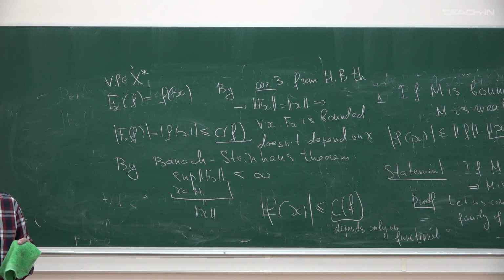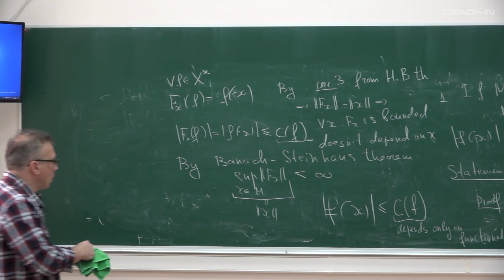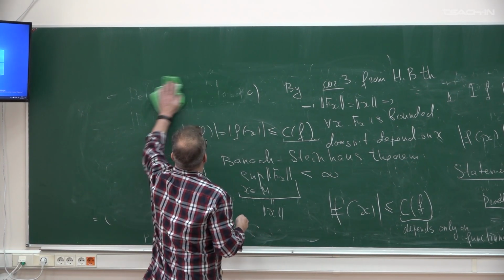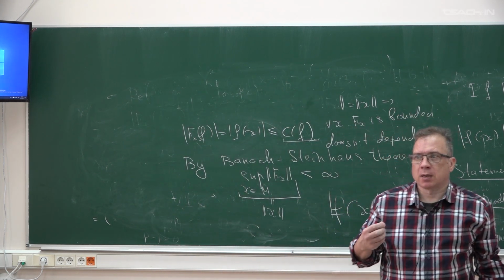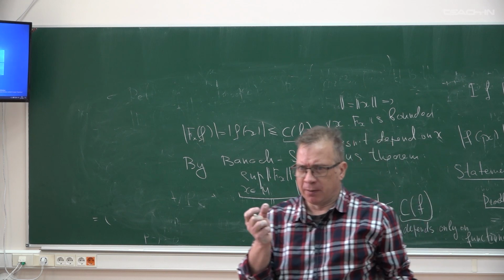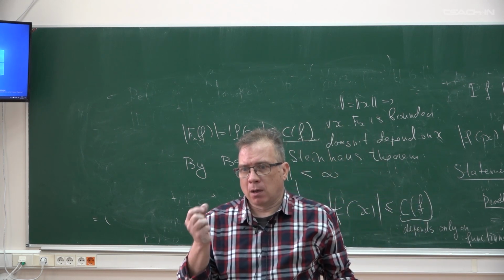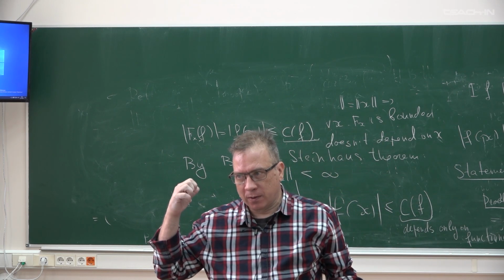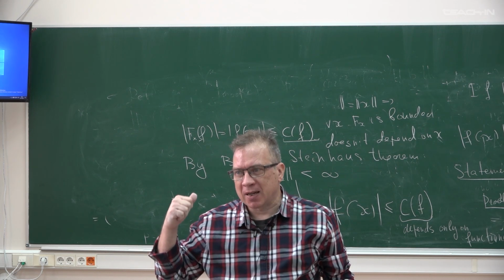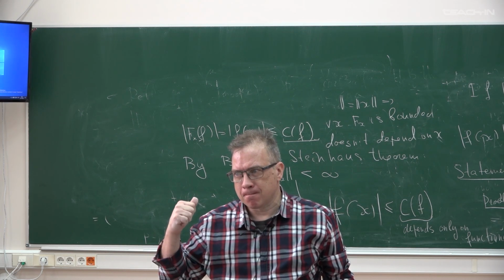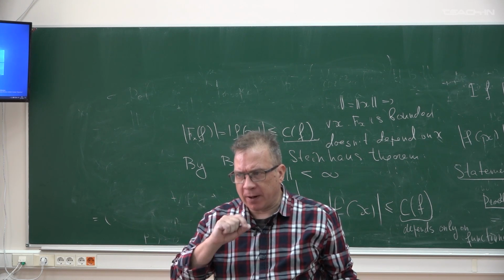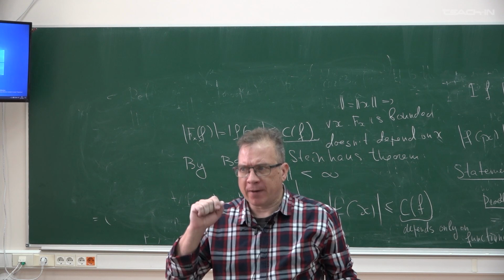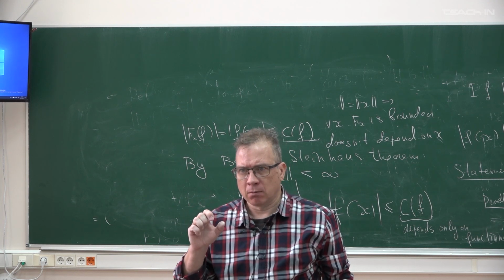What properties does unboundedness give us? If an operator is unbounded, I will show that in this situation the operator must have a domain. It cannot be defined on all space. It must be defined on some domain.